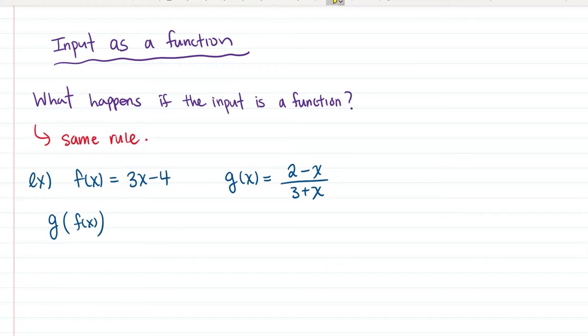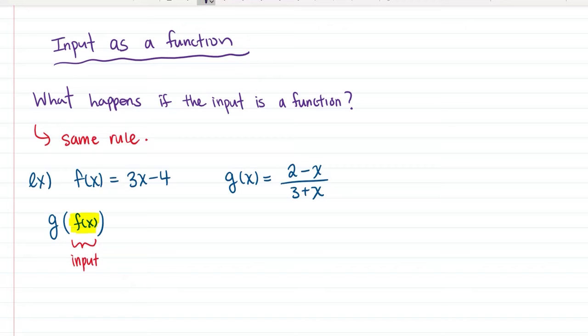So here the outside function is the actual function that we're using, and the inside the bracket next to the g, that is the input that we're looking at. So this is the input, and the outside is the function that we're going to take.